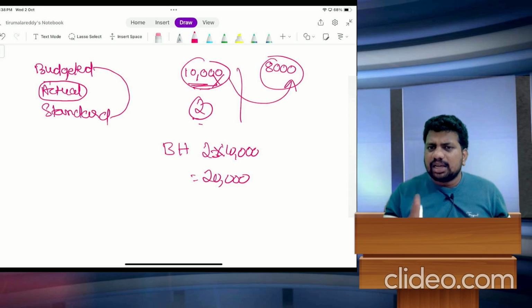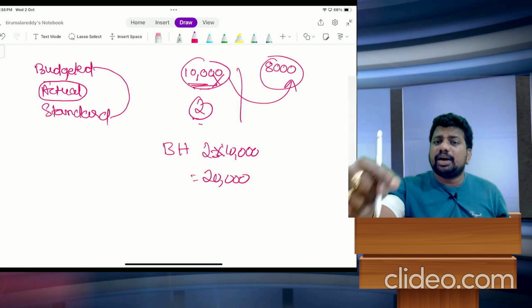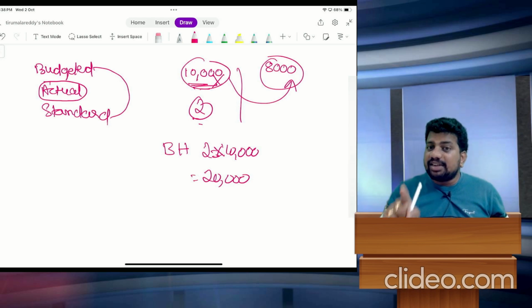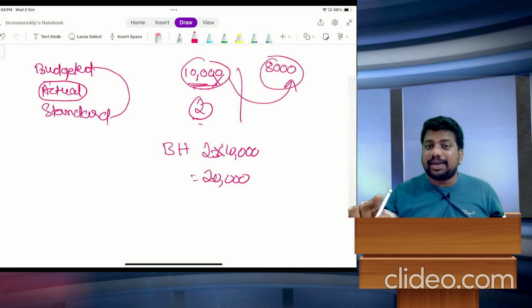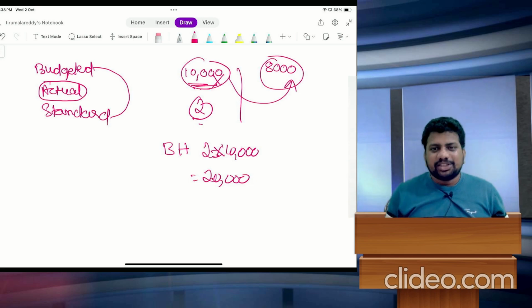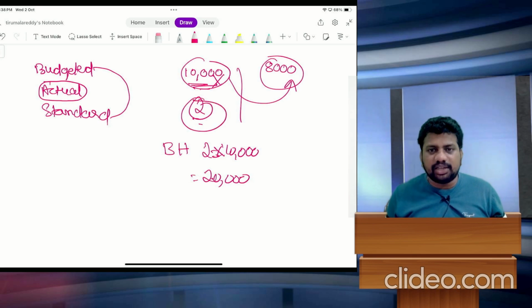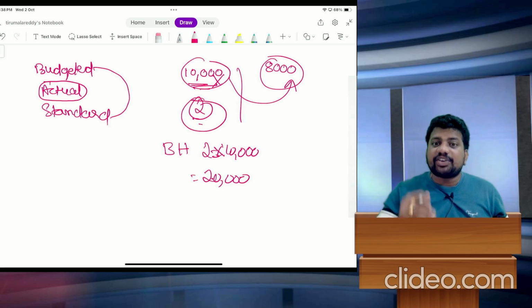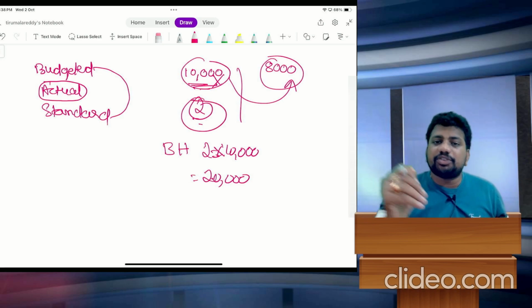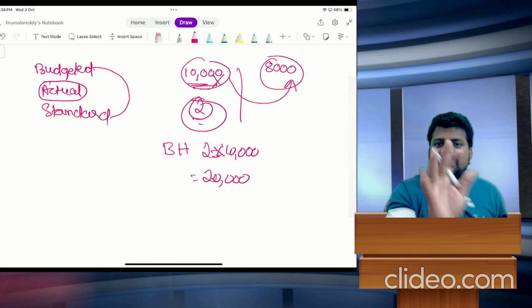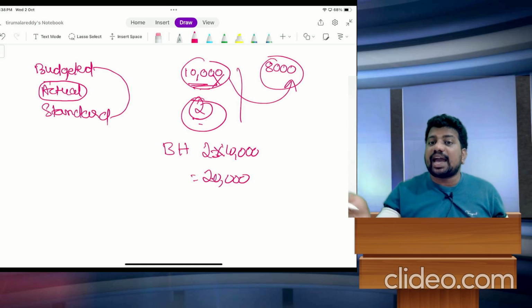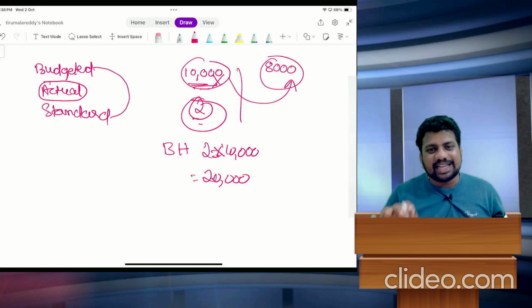So in general, I will calculate my total budgeted hours based on budgeted output, and I will calculate my standard hours based on actual output. That's a basic difference. In both cases, I'll be going with the standard hours per unit. If I am going with the budgeted number of units, they are called budgeted hours. And if I am going with actual units, that is called standard hours.